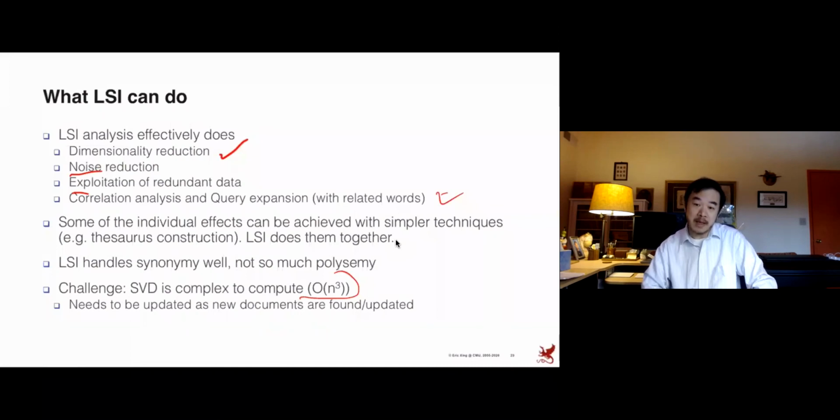And that's also why a later technique known as LDA, latent Dirichlet allocation, or probabilistic topic model, was invented, because there you can use an EM procedure to incrementally learn the topics without factorizing the whole matrix. At least that's one of the conveniences of that new technique.